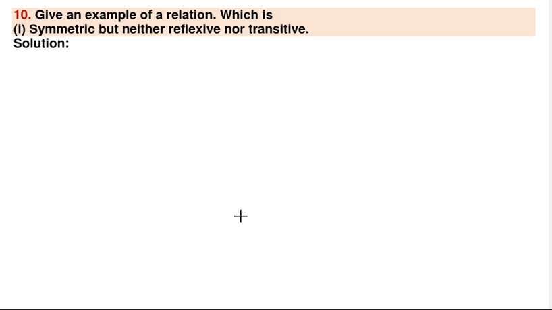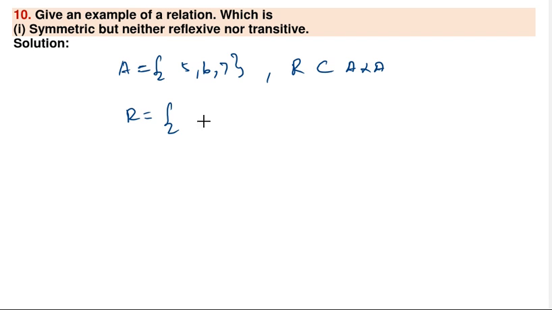Give an example of a relation which is symmetric but neither reflexive nor transitive. If we take a set with 3 elements, for example A equals 5 comma 6 comma 7, the relation R is a subset of A cross A. Now we can take the relation R in tabular form: 5 comma 6 and 6 comma 5.